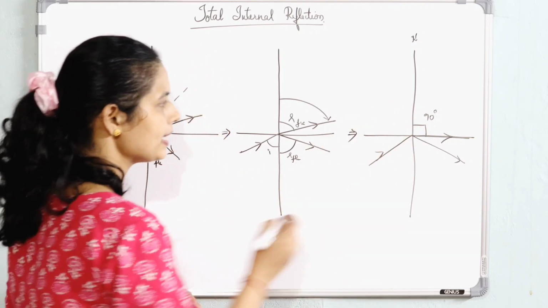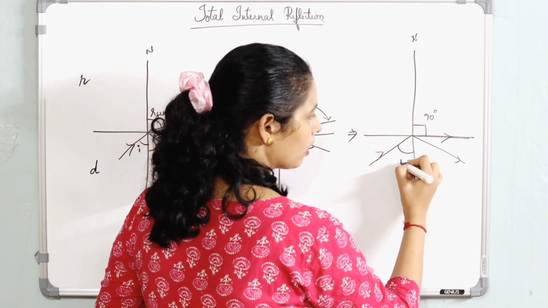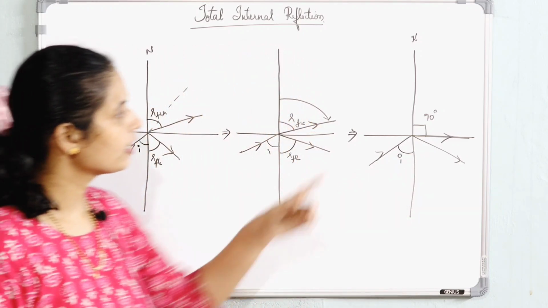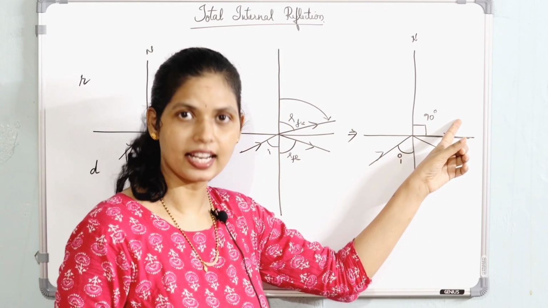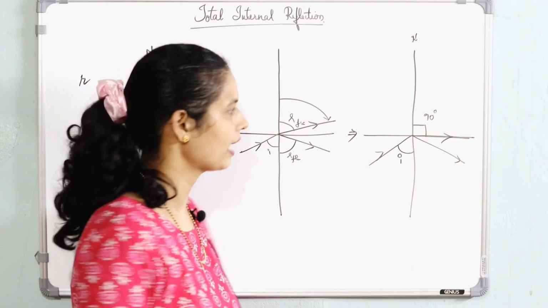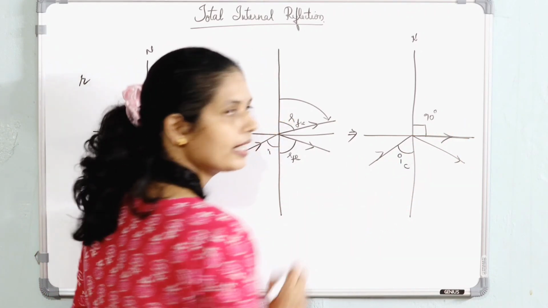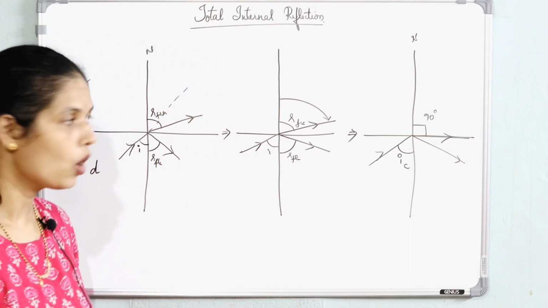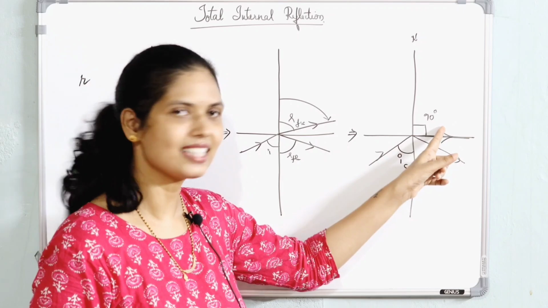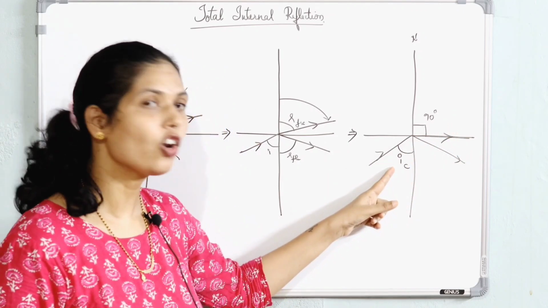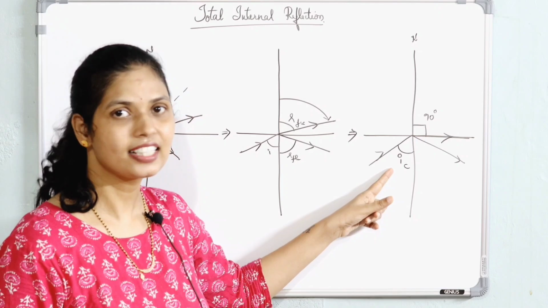So here basically, the angle of incidence at which the refracted ray gives us 90 degrees is called the critical angle. Critical angle is that angle where the angle of refraction is 90 degrees. When the angle of refraction is 90 degrees, the angle of incidence is called the critical angle.